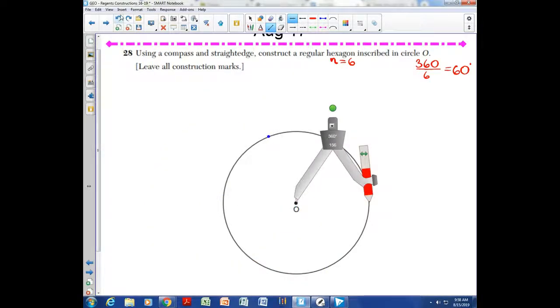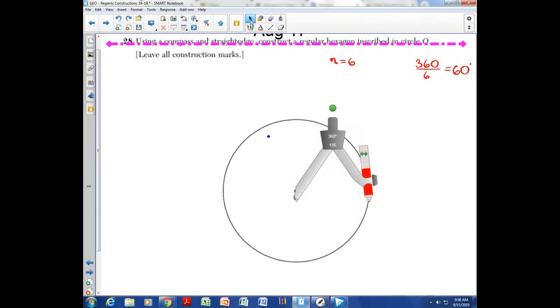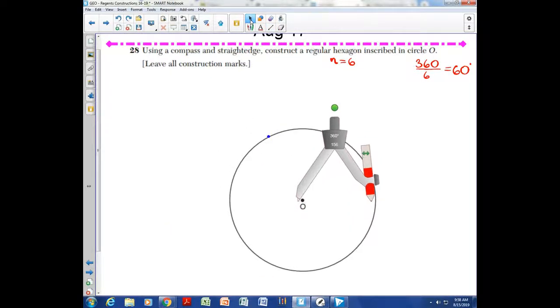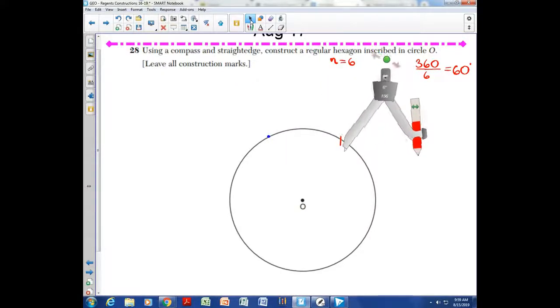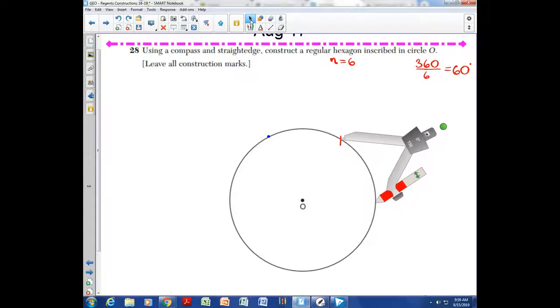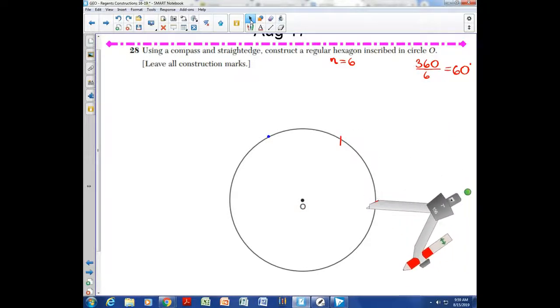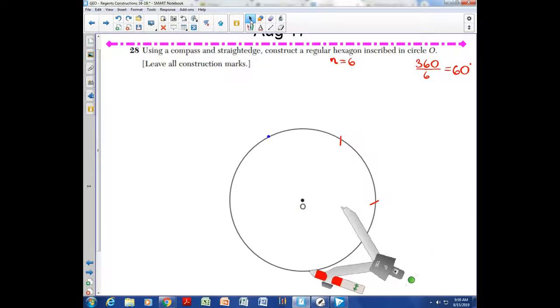Once you have that radius set in your compass, all you really need to do is put the compass on any point on the circle and just do that one little intersection. And then go to that point and just go around the circle. And that should work out every time.